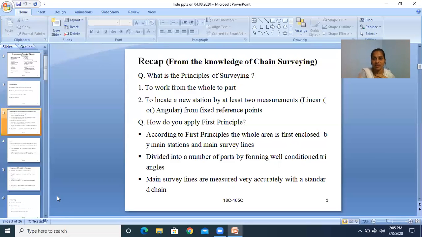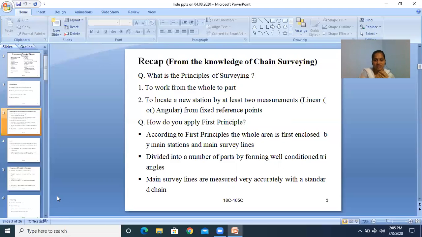What do you mean by survey lines? The lines which are joining the stations are known as survey lines. If the lines are joining the main stations, then that is known as main survey lines. And then divide into a number of parts by forming well-conditioned triangles.